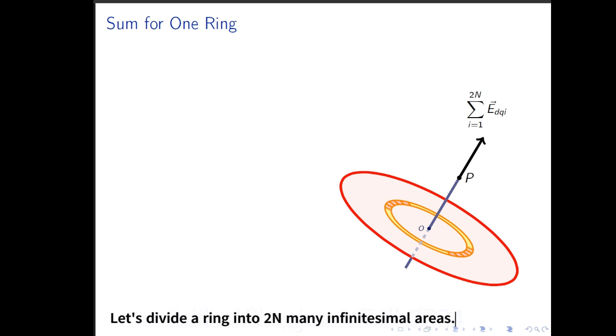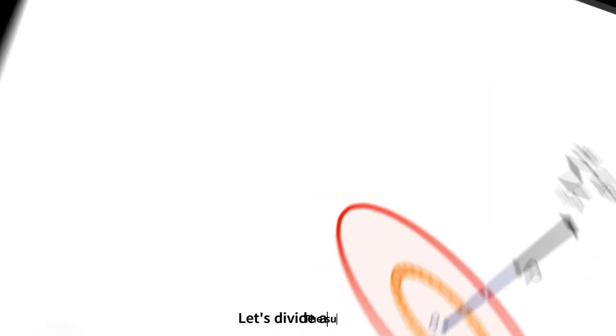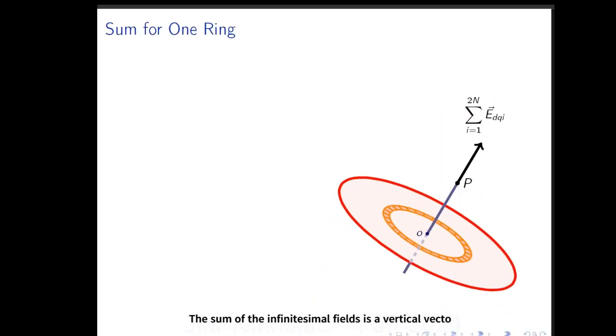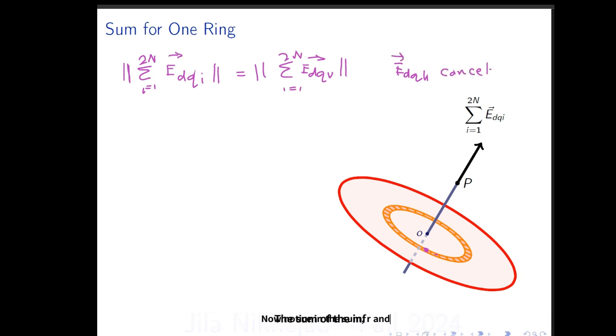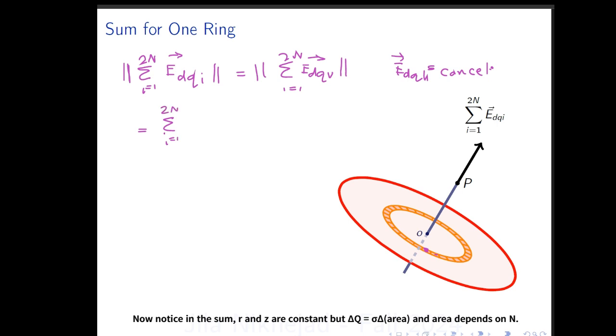Let's divide a ring into 2n many infinitesimal charges. The sum of the fields is a vertical vector. All horizontal components are going to cancel. Notice that in the sum, r and z are constants, but infinitesimal charge delta q is equal to sigma delta area, and area depends on n.